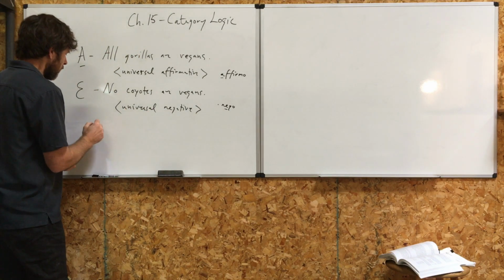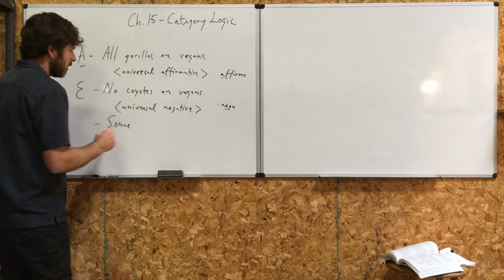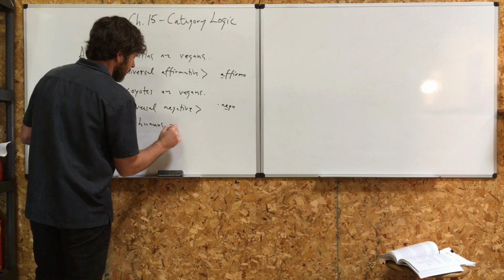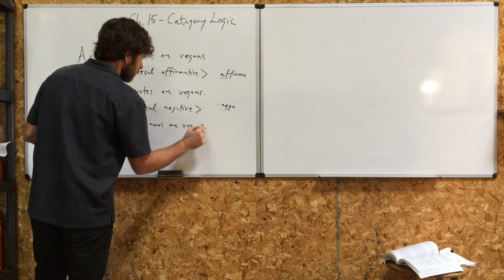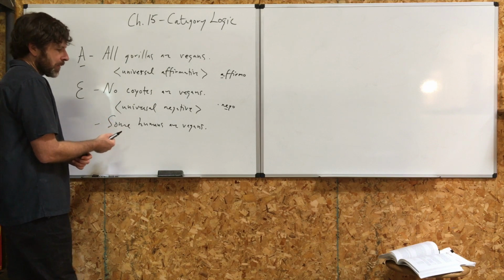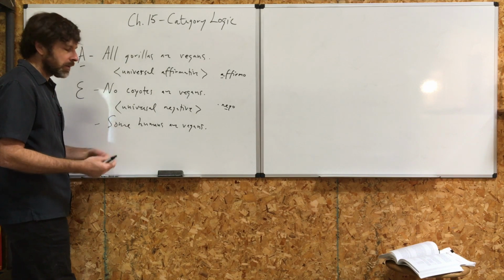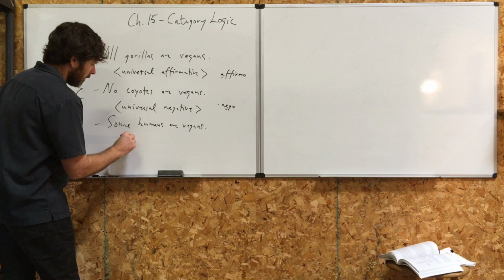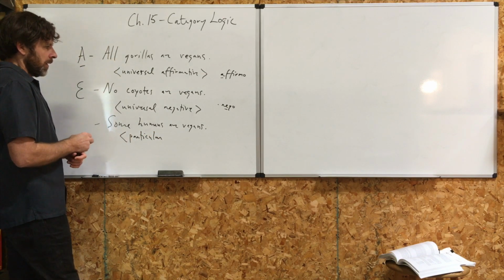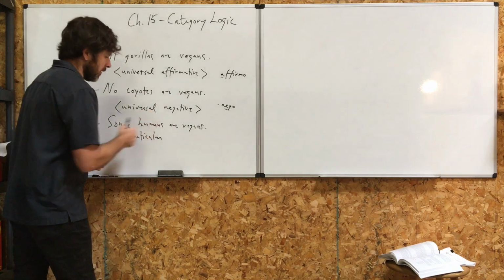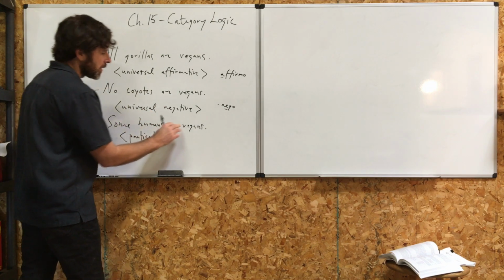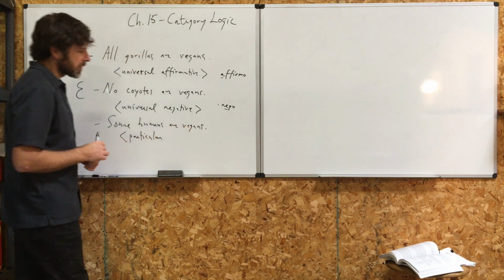Okay. Third one, some, let's say, what did we do before? Oh yeah, humans. Some humans are vegans. All right. You're not talking about all humans. You're just saying at least one human. So this kind of statement is called a particular statement. Is it affirmative or is it negative? Well, it's including at least one member of the set of humans into the set of vegans.